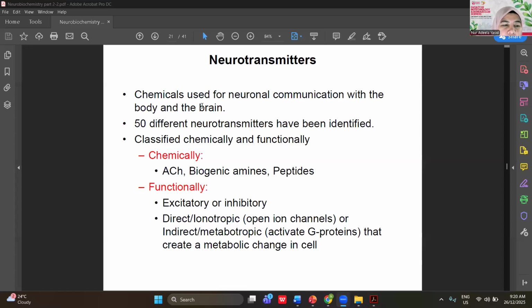For functional classification, neurotransmitters can be classified as excitatory or inhibitory, and also direct ionotropic or indirect metabotropic, based on the ability to open gated channels.